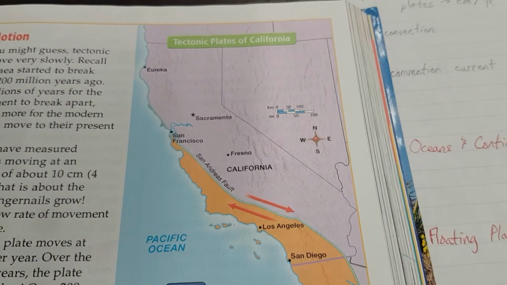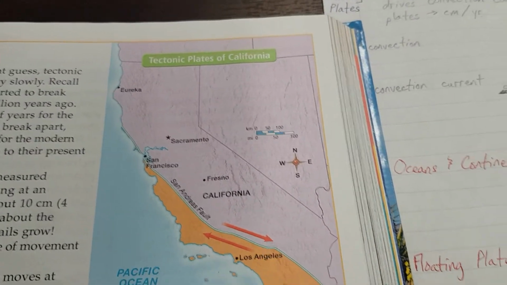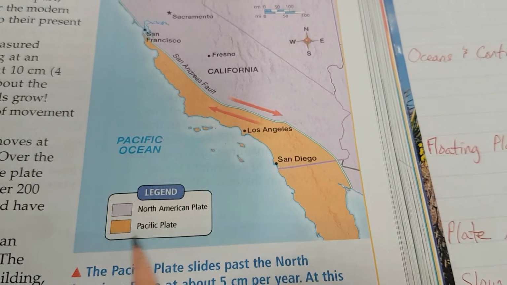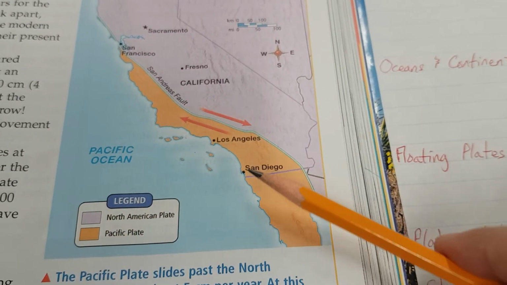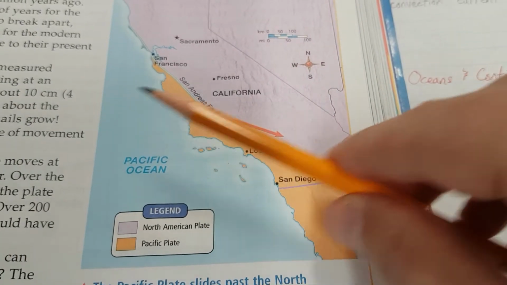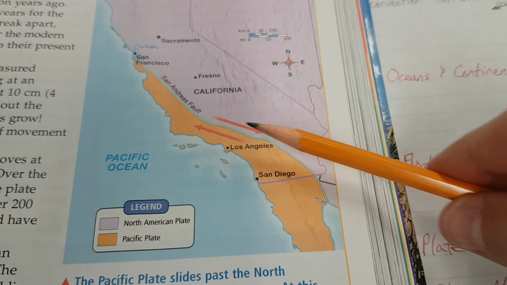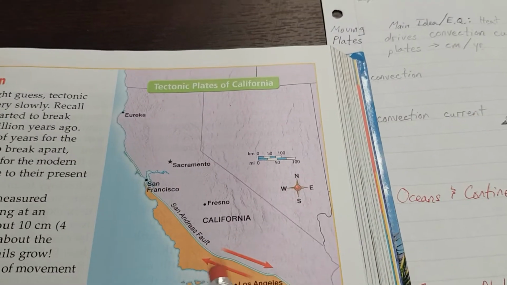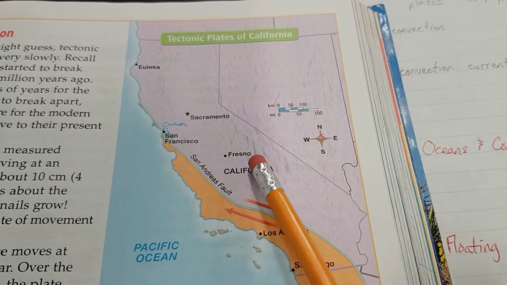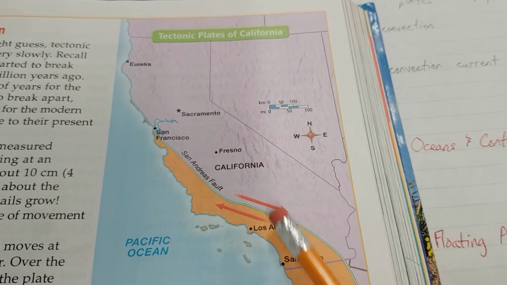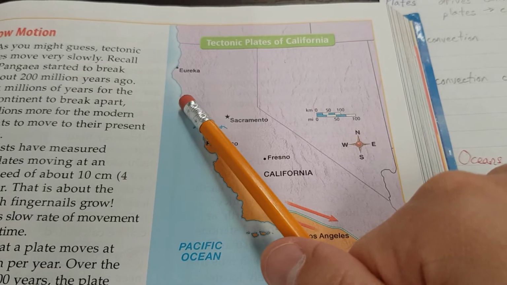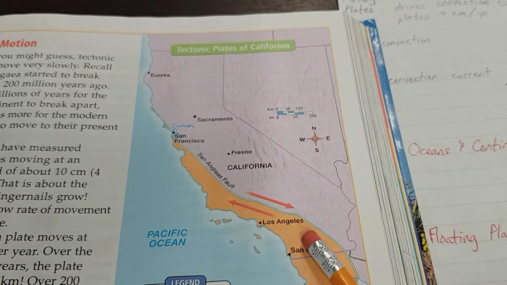The orange plate is the Pacific plate. Includes all of that continental crust and all this oceanic crust. And that's all moving that way. So they are moving and sliding past each other. Notice how all that pushing against each other causes these mountains here and causes all the hills and mountains all along that edge, all up and down the coast of California.